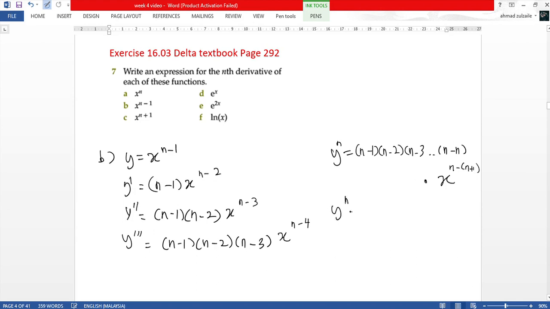So this one I replace with 0. Open the bracket over here, n minus n is 0, so x power 1. Oh, sorry, minus 1, I think. Minus 1. Don't bother with the power. As long as you multiply with 0, the whole thing becomes 0.